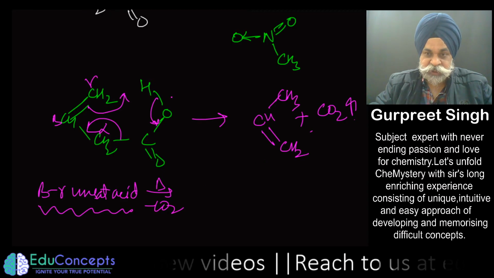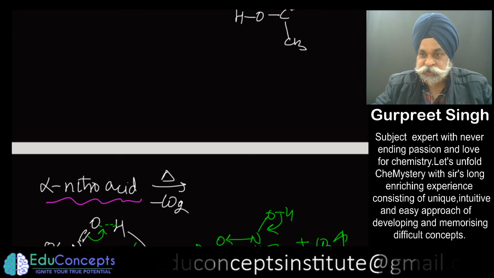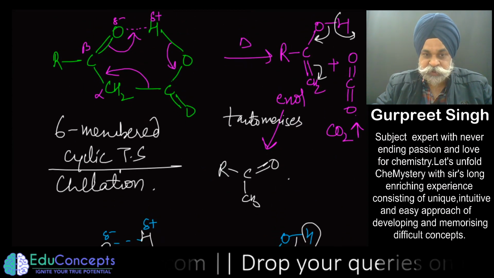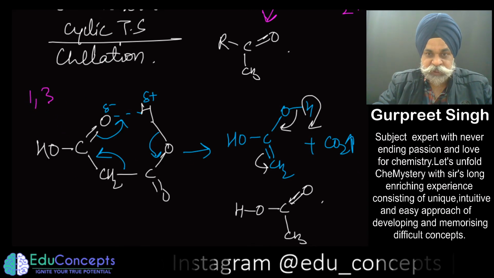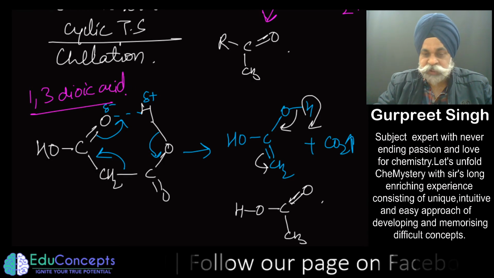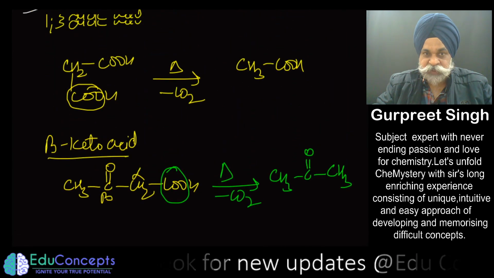Beta gamma unsaturated acid is the one, second is the alpha nitro acid, and third is the beta keto acid. This is what you call 1,3-dioic acid. 1,3-dioic acid on heating undergoes decarboxylation, and another one is beta keto acid.